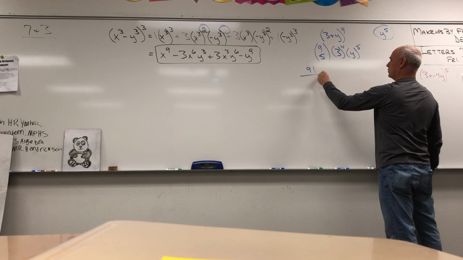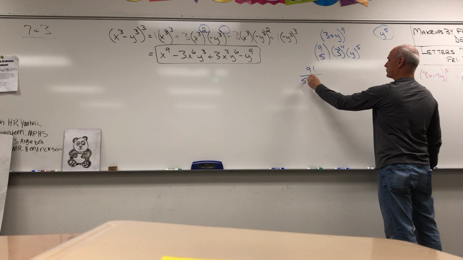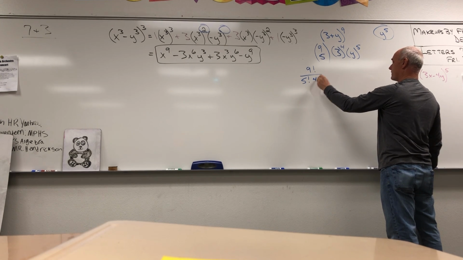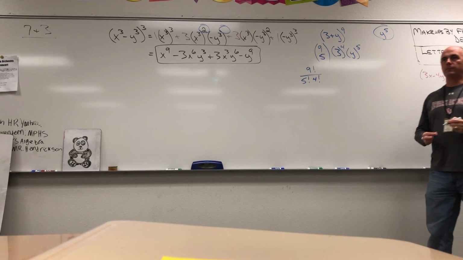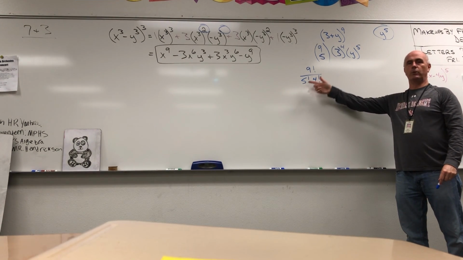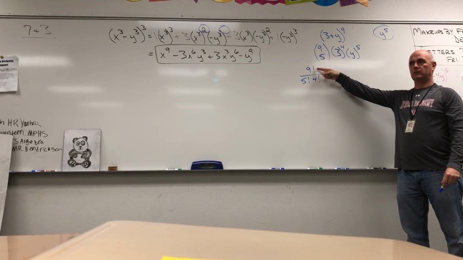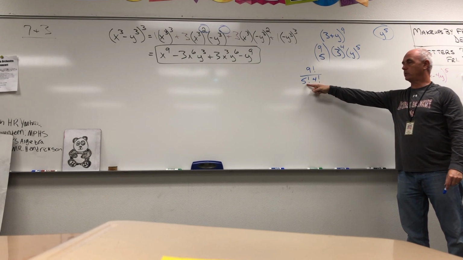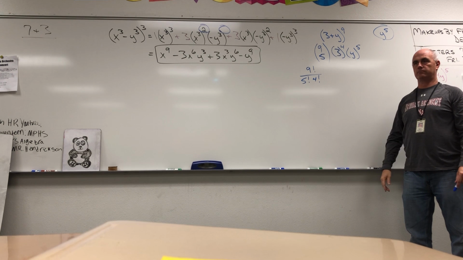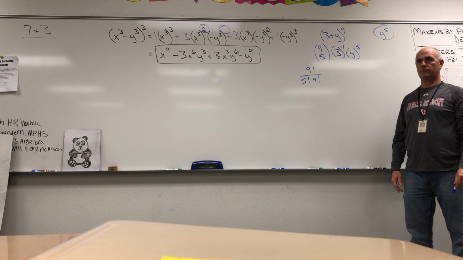9 factorial over 5 factorial times 4 factorial. Remember that these two numbers will always add up to be that. So it's r factorial, and then n minus r factorial goes there. Remember that? Good.